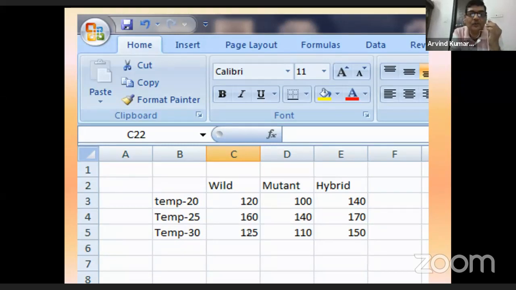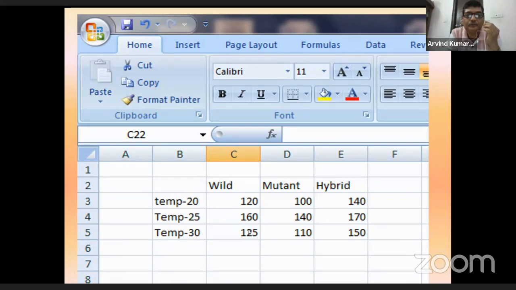We are culturing Drosophila flies. Suppose we have done experiments involving 3 different types of flies. Wild type flies means those flies which are normal, then mutant types, and then hybrids. Hybrids means they have been obtained by making a cross between wild and mutant.